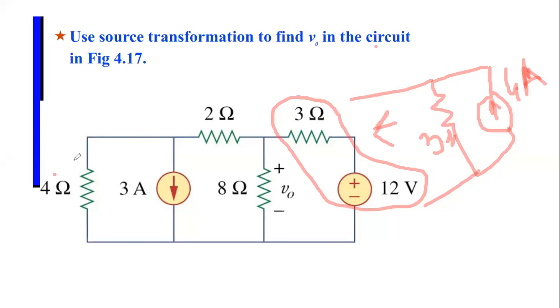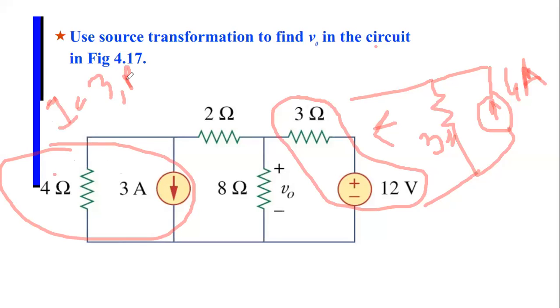One more thing, this can also be converted. I will convert this current source into a voltage source, and this 4 ohm resistance will come into series. So 3 ampere is the current and the resistance is 4.